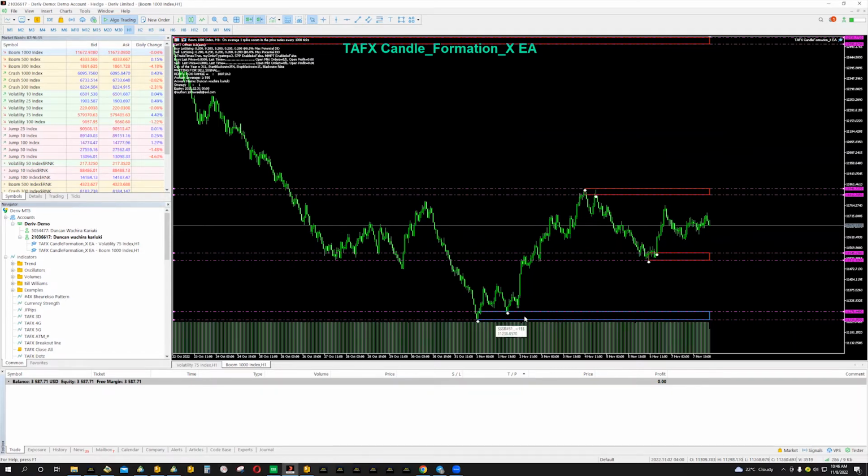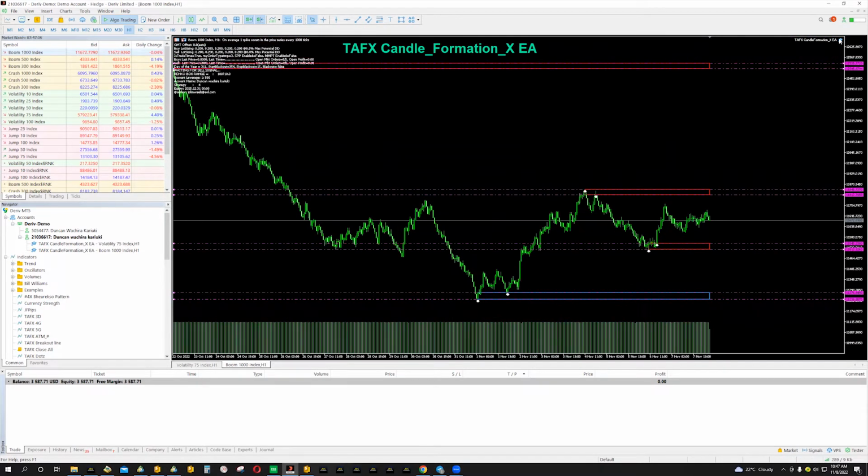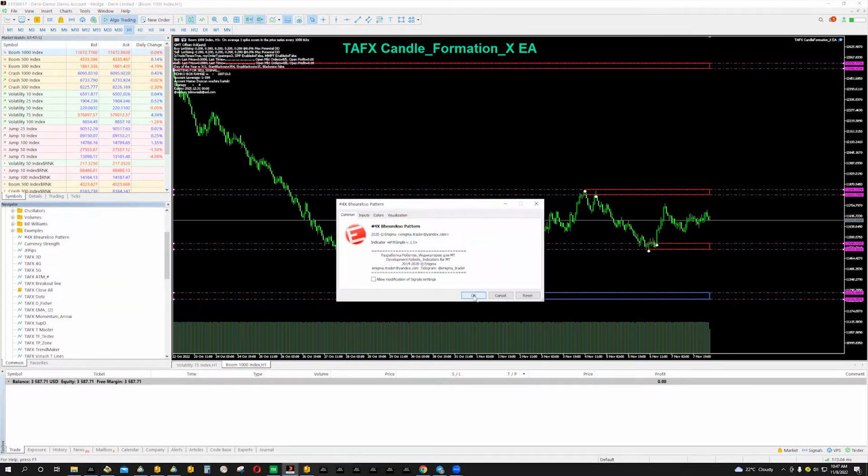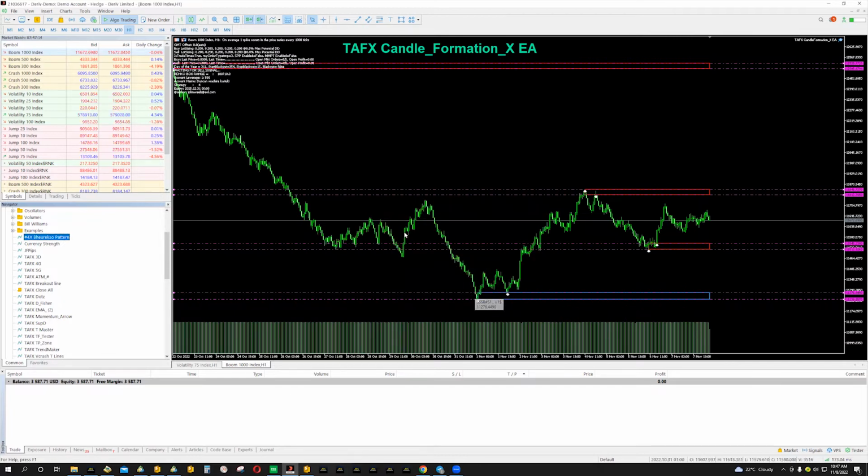And this one is all about going from this support to the resistance. And not only that, let us open here and let me give a good example. Yeah, this one. Let me select this one so that you can understand what I'm saying. An indicator. Let us use that indicator.